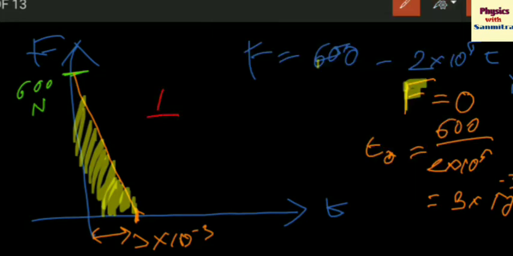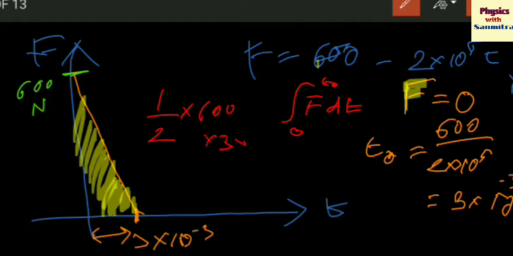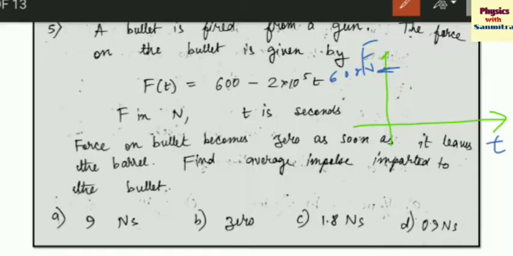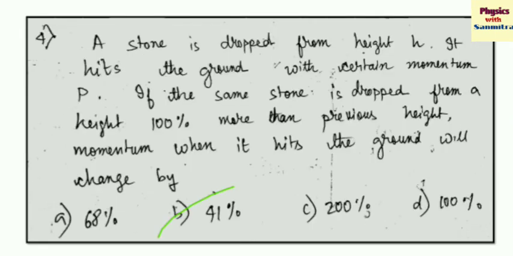So the integration of F dt from 0 to t naught, because after that this value becomes 0, is half into 600 into 3 into 10 to the power minus 3. 3 3s are 9, and 10 to the power minus 3, I will get 0.9 Newton second. So this is my answer. My correct answer is option D. So I hope I could tell you what the average impulse is.